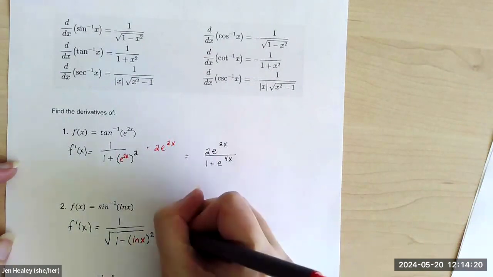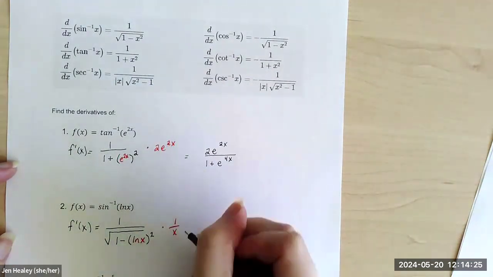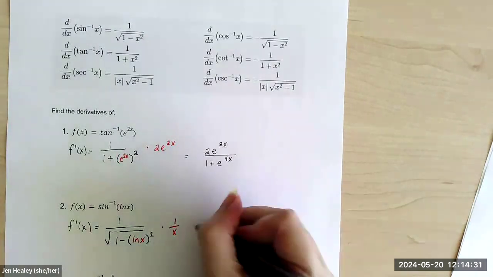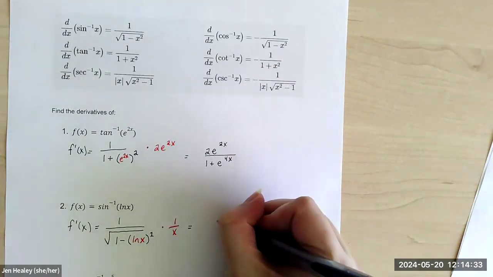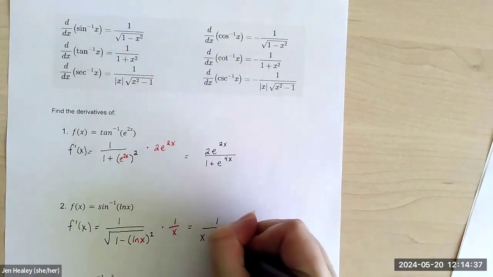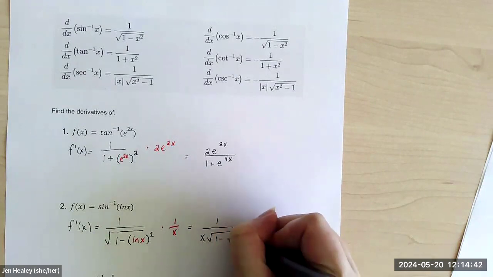And then chain rule says take the derivative of the natural log of x, which is just 1 over x. So it's okay to leave it that way, or if you want, you can write it as x times the square root of 1 minus the natural log of x quantity squared.